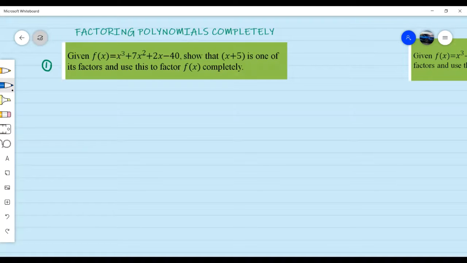First step, it is already known that x plus 5 is a factor.